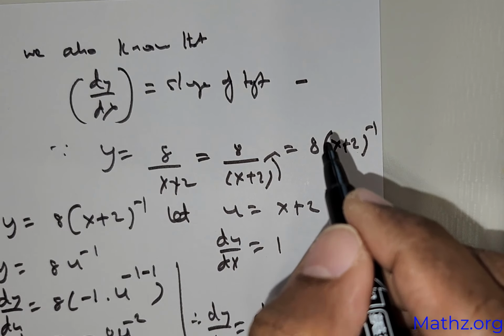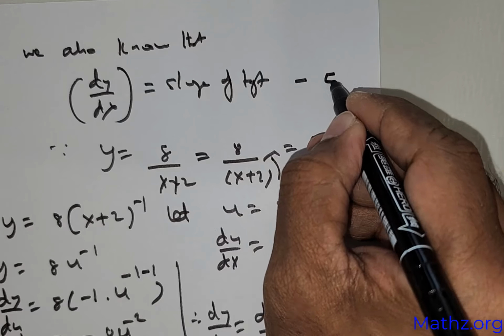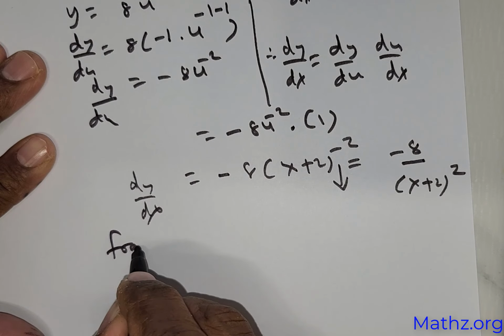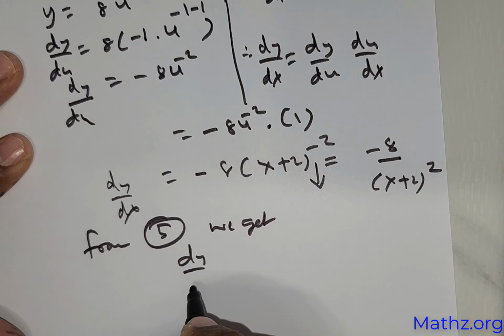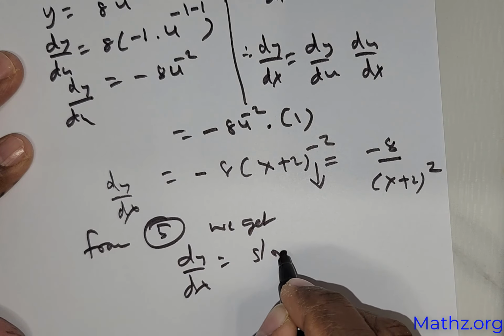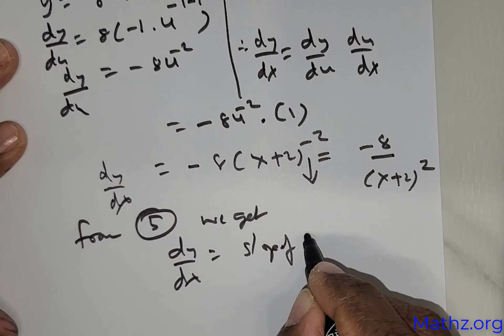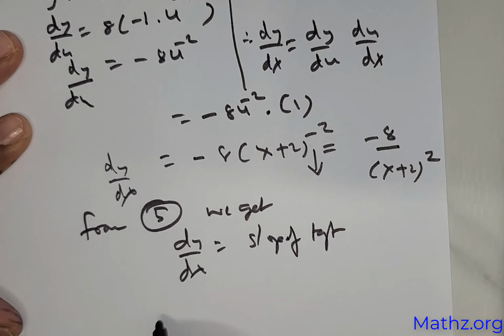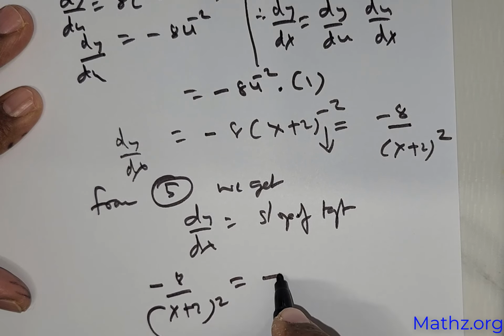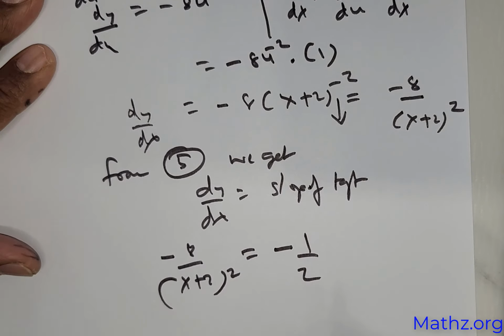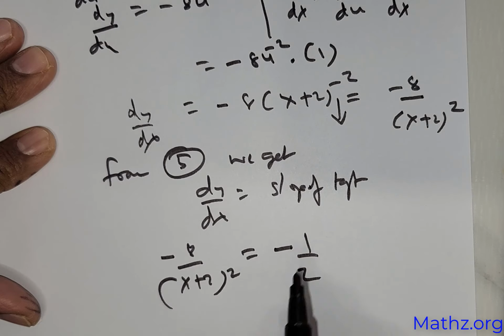So if I were to use, say, 5, from 5 what do we get? We get dy over dx is equal to the slope of the tangent. So that means negative 8 over (x + 2) the whole square is equal to negative 1 over 2, right? Because we already got this value.